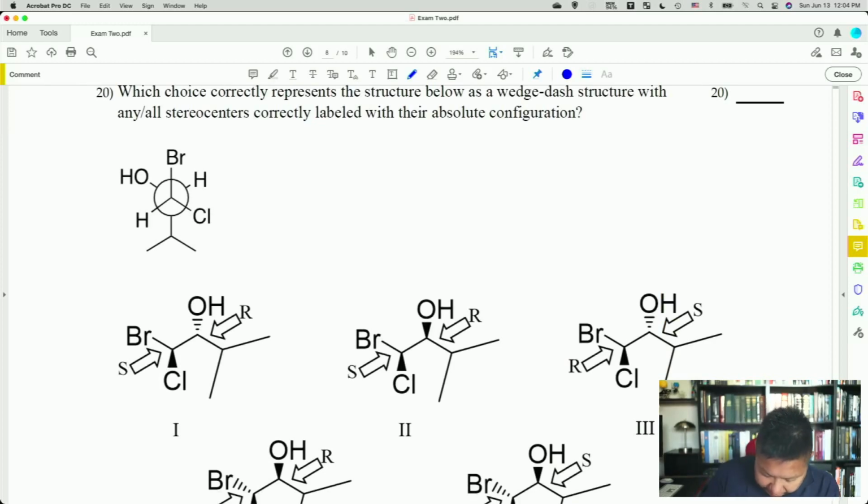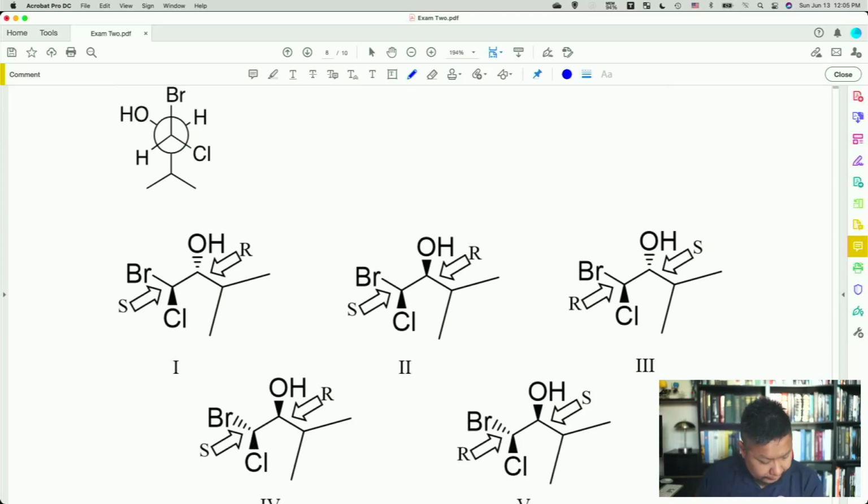Which represents this guy right here. Let me just make it so you can see the whole thing. So the first thing to notice here is where everything is. The way we're looking at this is down the bond that has the chlorine and the bromine, so we're looking in this direction.